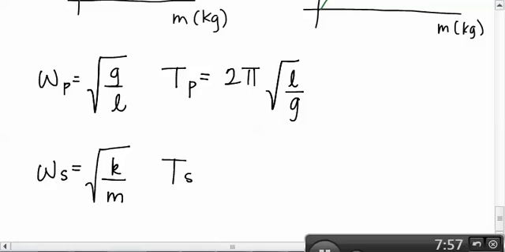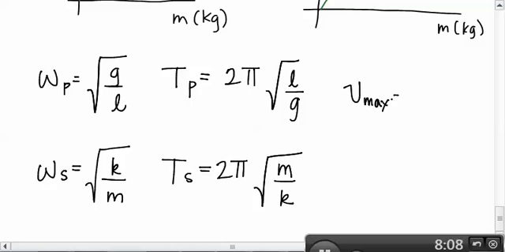The period is 2 pi square root of m over k. And the same equations for maximum velocity, which was what? A omega. And the maximum acceleration, which was A omega squared, still hold true. This is still oscillating motion, so we can still use these together.